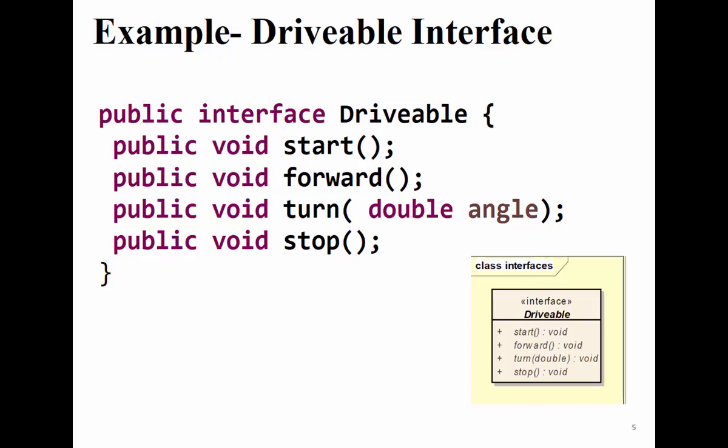As you can see on this slide, we have a Drivable interface, and we have 4 methods related to this interface. Whenever we implement this interface, we have to provide the implementation for the methods public void start, forward, turn with some angles, and stop. So these are 4 essential methods that come with the interface called Drivable.